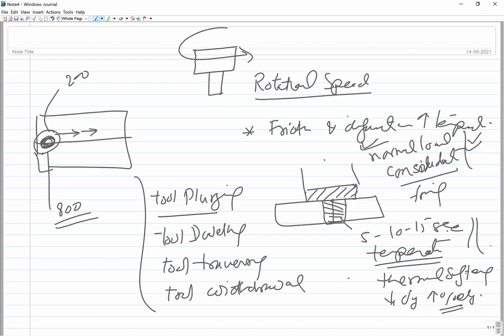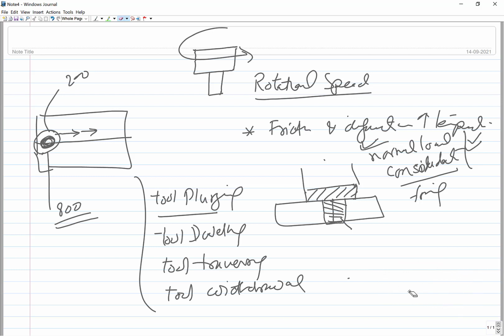So after the dwelling of some time, what we do, we try to start giving some kind of motion to the tool. And how it is done, let's say this is the weld line, your pin and the shoulder were dwelling here for some time, and once you achieve the desired temperature rise, you start moving the tool, because the tool in FSW basically remains fixed and the workpiece is given movement, so that the desired relative movement between the tool and workpiece can be realized for developing the joint.